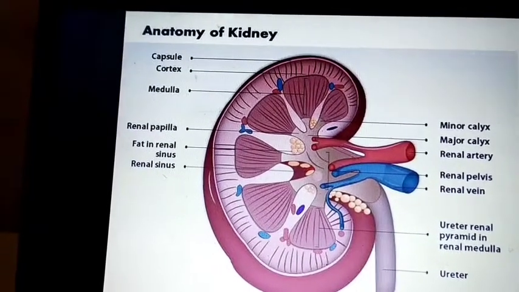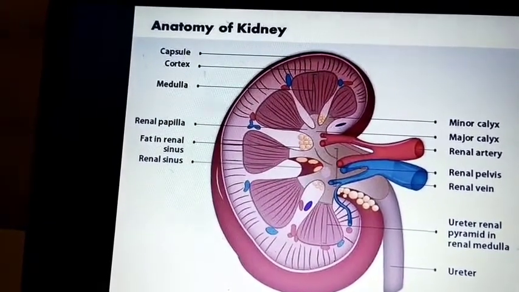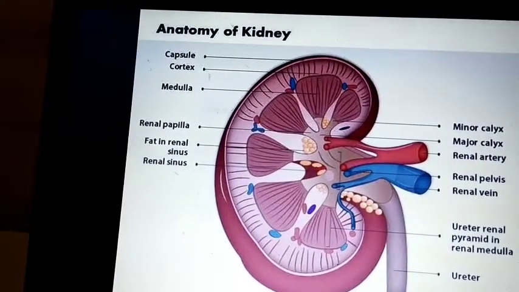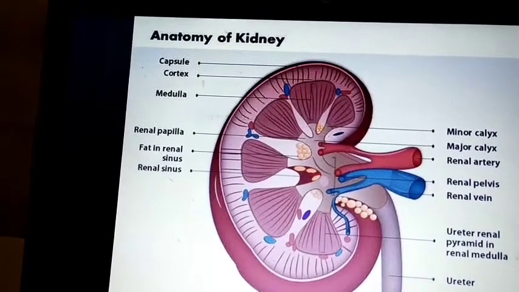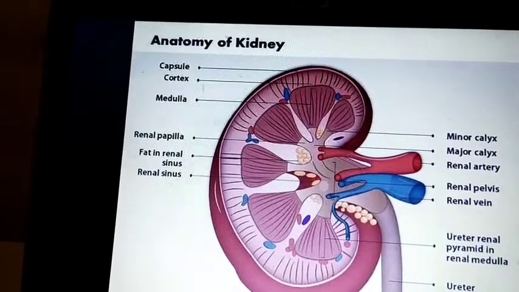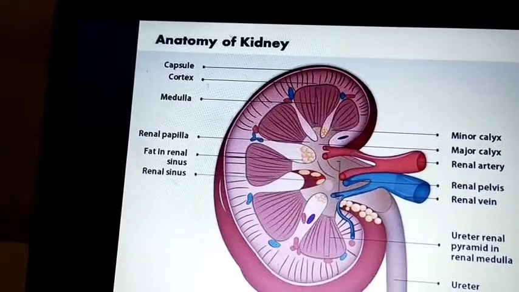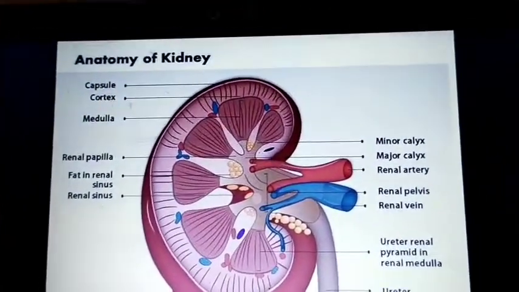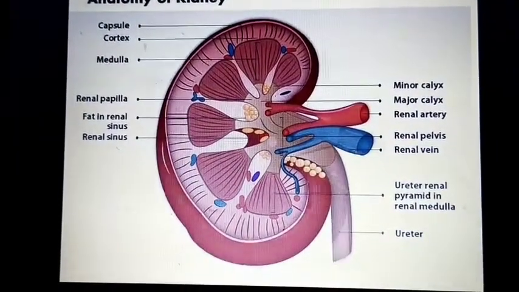In between the two pyramids there are sinuses, the renal sinus, that contains fat. And in between these pyramids there is a column, that is the renal column. You can go to the next slide.